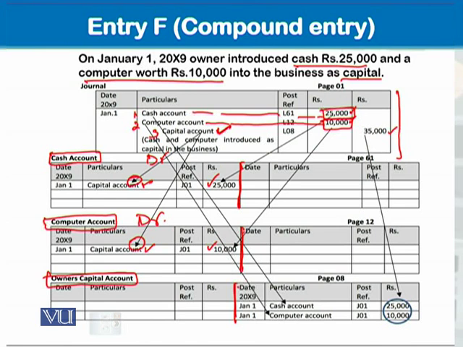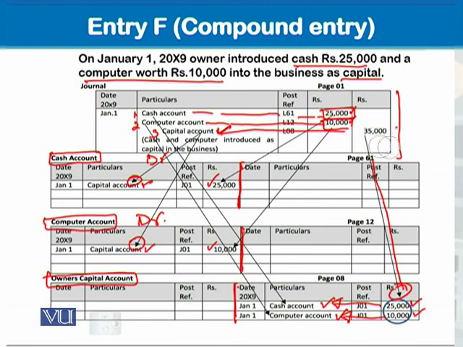Now capital is being credited with 35,000. If you observe this arrowhead, this 35,000 is coming from there. But since we have two reasons against this 35,000, although we will place this in the credit side, we place it separately, 25,000 and 10,000. This 25,000 is because of cash, and 10,000 is because of computer. It is not very difficult.